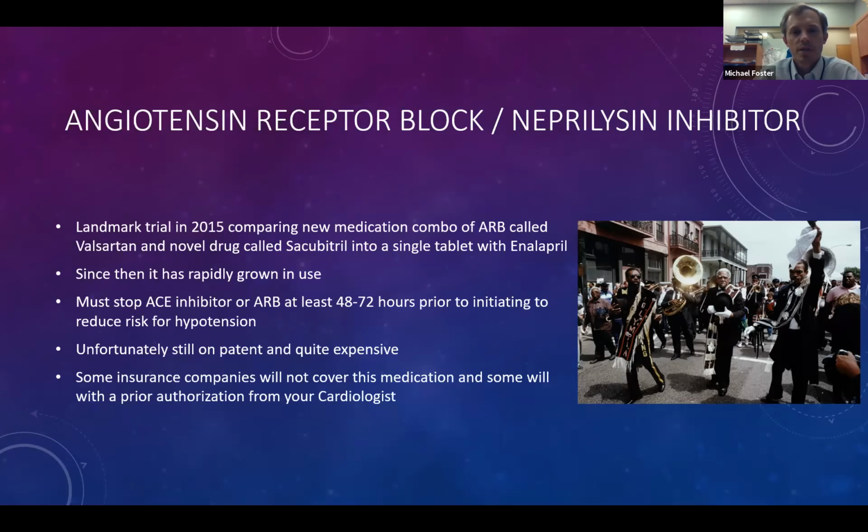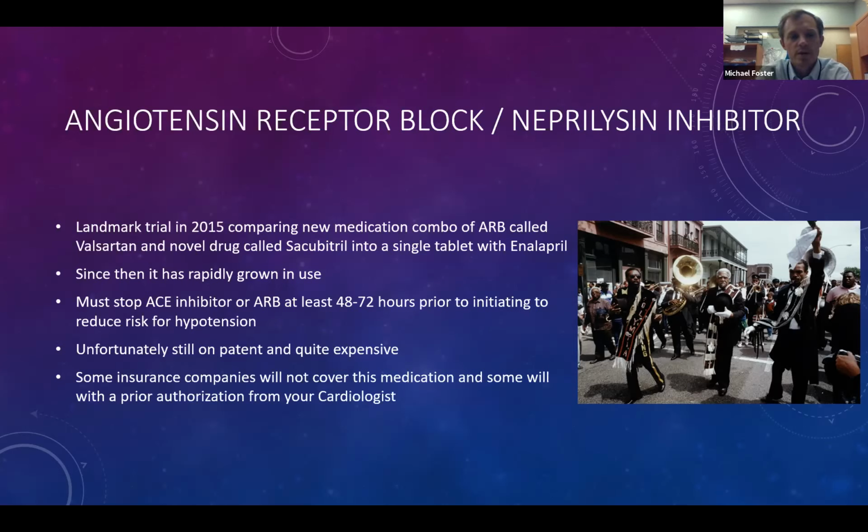They compared this head-to-head with enalapril and found that it actually reduced the amount of heart failure readmissions and had a slight reduction in mortality. Since that time, the use of this medication, Entresto, has grown rapidly.